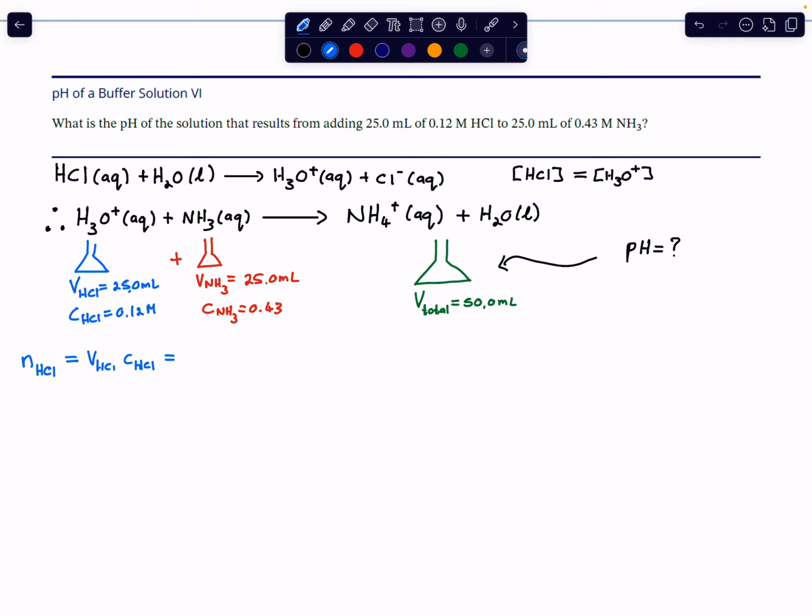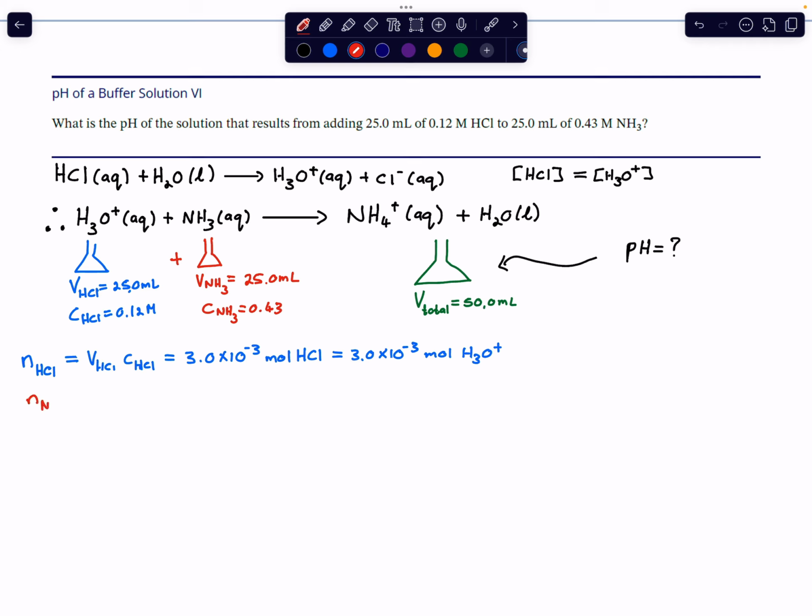And if I take those two numbers there at the top and multiply them together, of course with volume in liter, I get 3 times 10 to the negative 3 mole HCl, which is of course equal to 3.0 times 10 to the negative 3 mole hydronium, right, which is able to react with our ammonia.